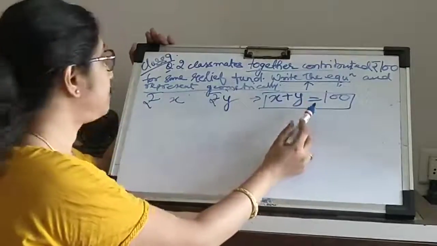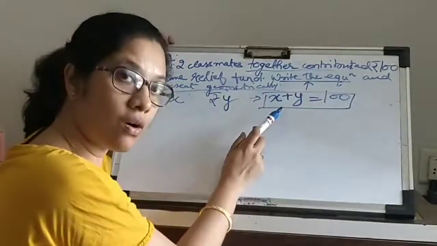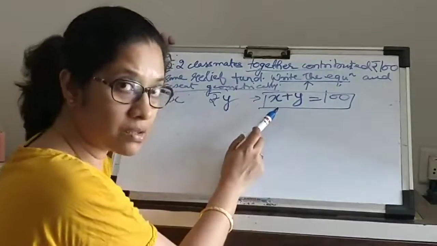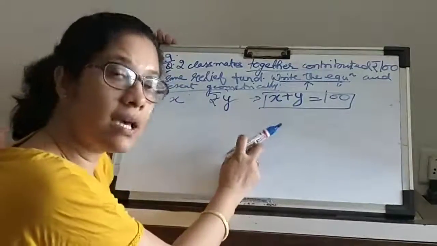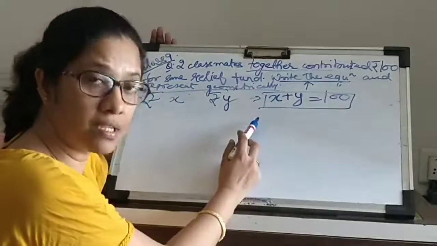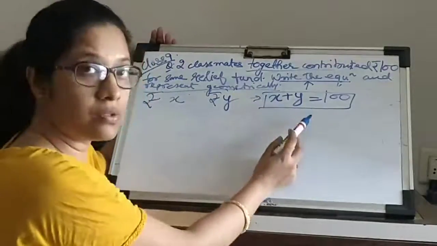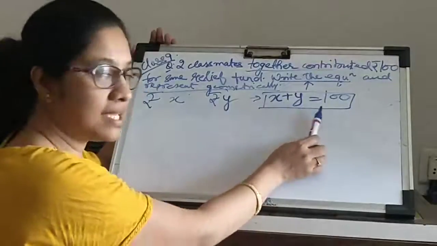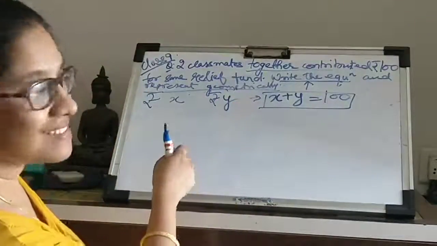We need to represent this on the XY plane, the coordinate plane. We have already seen in our last video how we plot a graph for a given equation. We'll do the same thing here for x plus y equal 100.